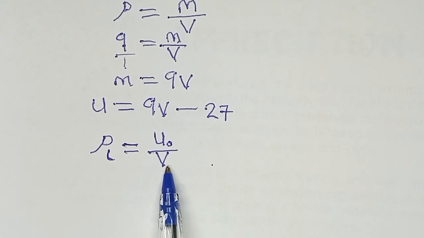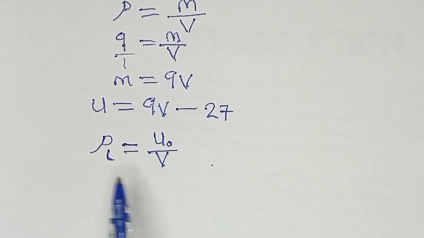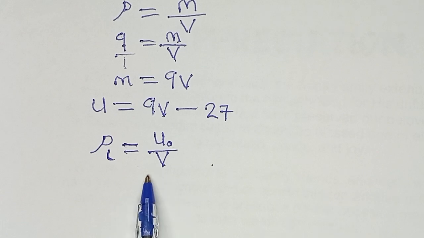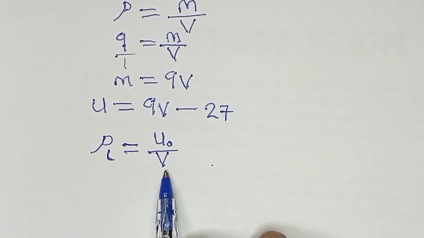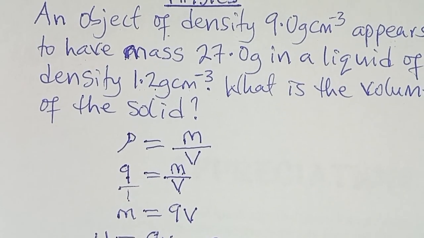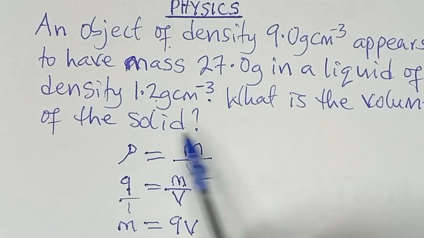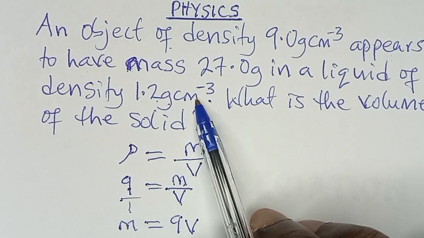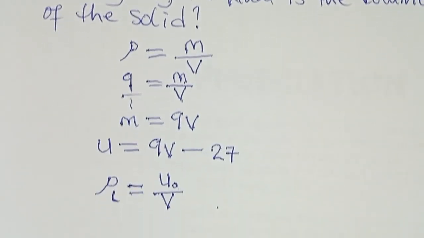So now let's apply this formula. Because we are told that the solid is immersed in the liquid, the density of the liquid, as given to us in the question, is 1.2 gram per centimeter cube.